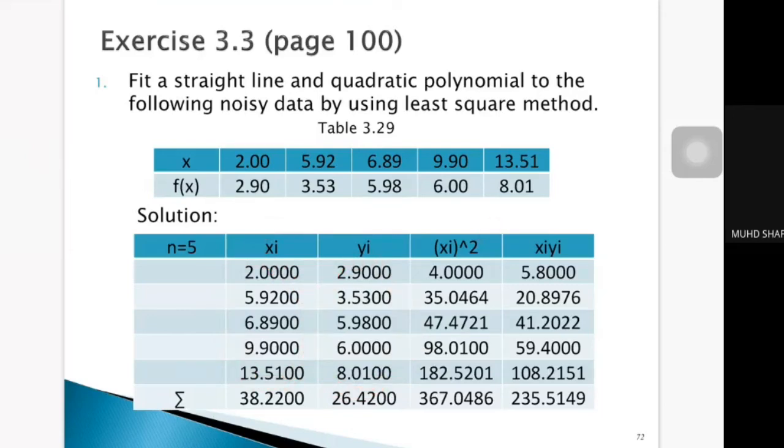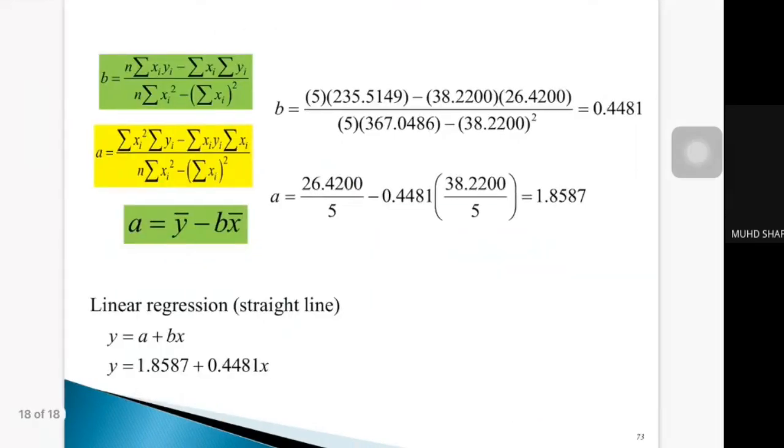X squared, x times y, and then find the summation and substitute in the formula. So you will get your b, and from your b you can get your a. Substitute a and b into your linear regression straight line. So you get this equation of straight line. So this is your answer. So that's all for today.